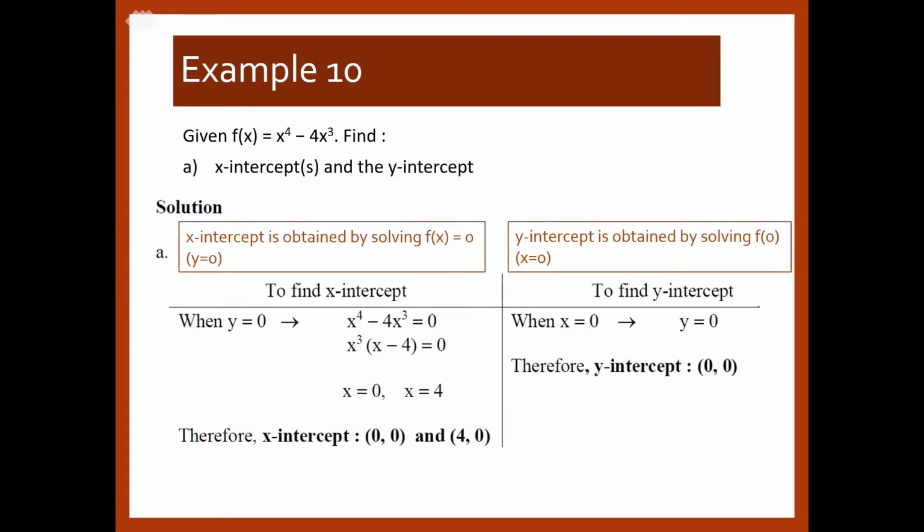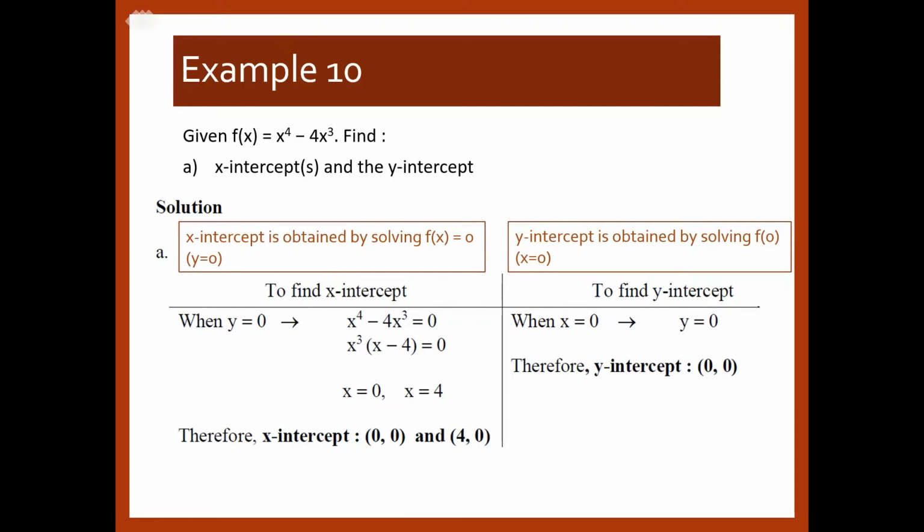First, you need to find the x and y-intercept. X-intercept is obtained by solving f(x) equal to 0, in which y is equal to 0. By solving f(x) equal to 0 and simplify, you should get two x-intercepts, which are (0, 0) and (4, 0).